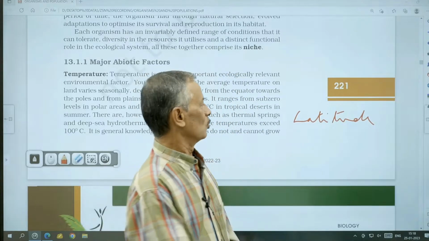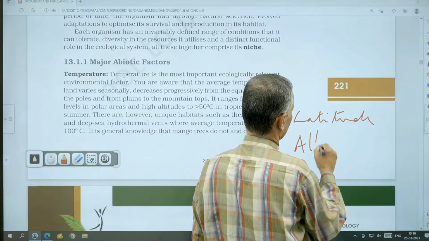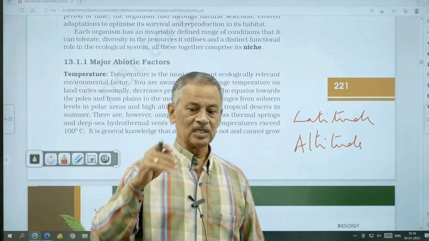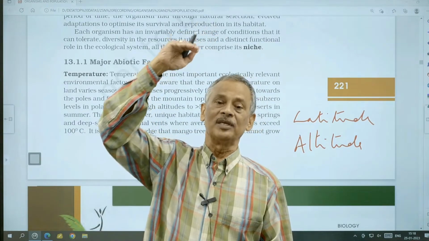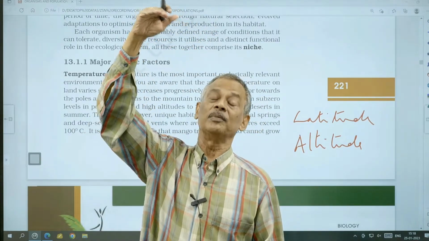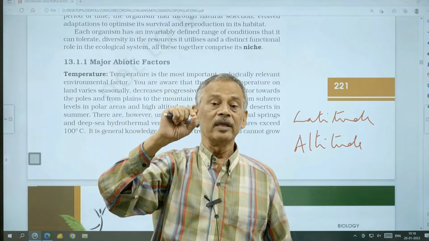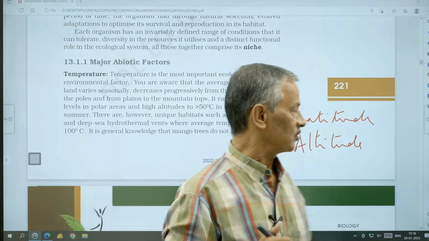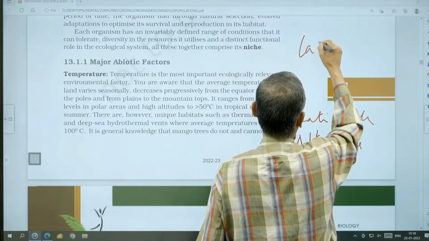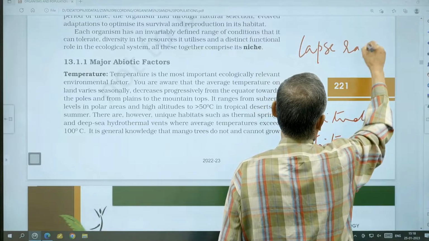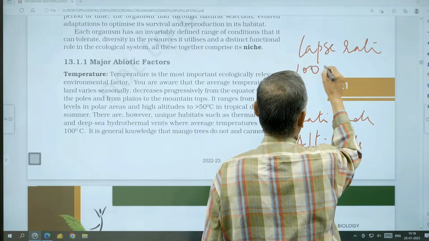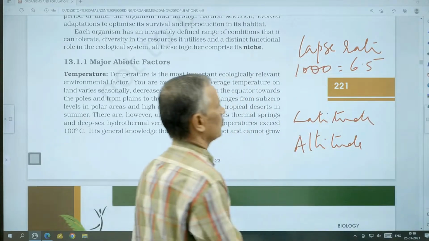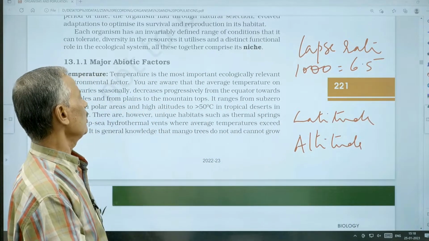Two, altitude. Altitude means height. For every 1000 meters you go up from the mean sea level, there will be an average fall in temperature of 6.5 degrees. This is called lapse rate.